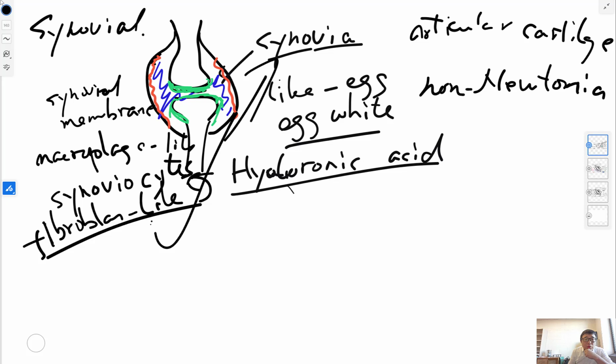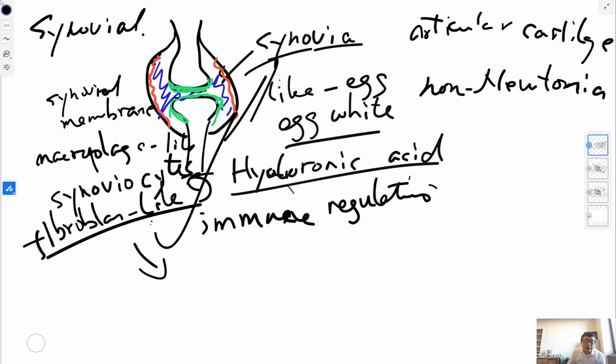And they not only produce the liquid, they also have some immune regulation or modulation function. And in these cases, somehow these cells have a potential to be converted into a very aggressive cancer-like cell.